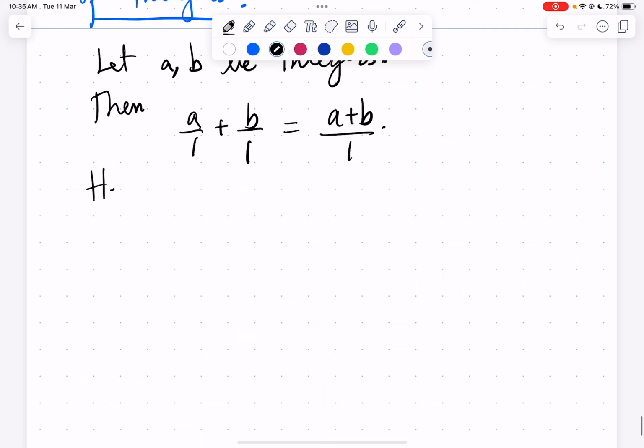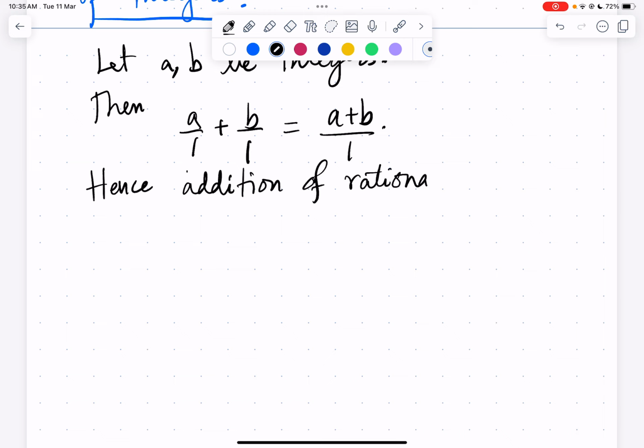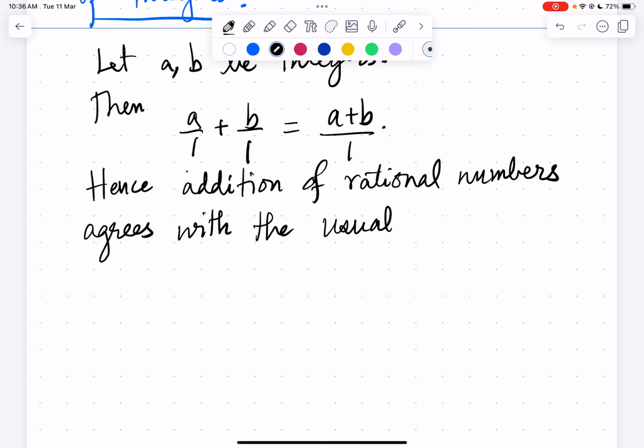Hence addition of rational numbers agrees with the usual addition of integers.